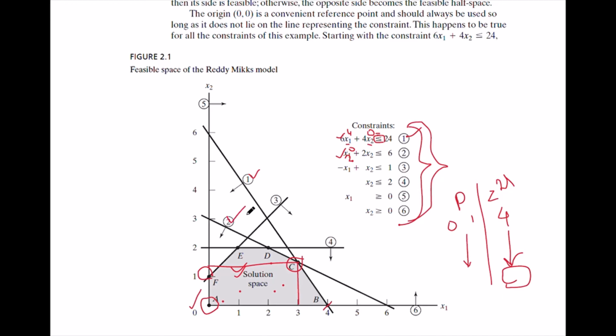So by using a calculator or by solving simultaneous equations, we find the point of intersection of the lines of equation 1 and equation 2, taking the equal to sign. If we solve the simultaneous equations, we get the values of x1 and x2, which is the corner point C.